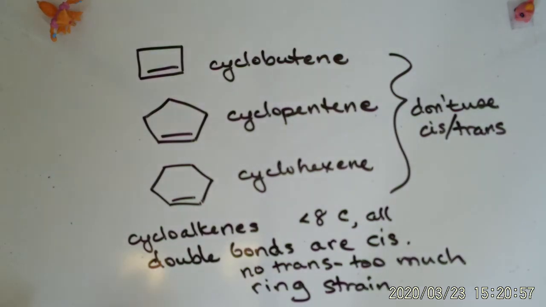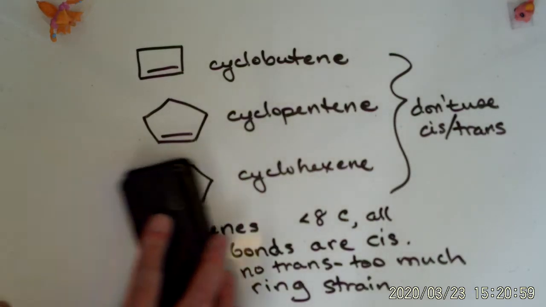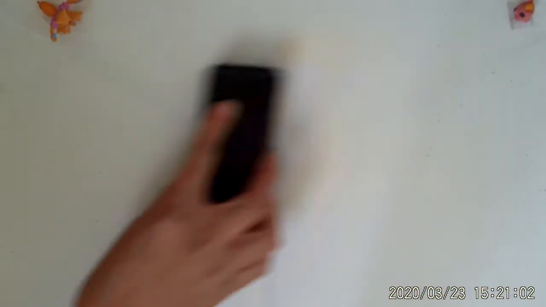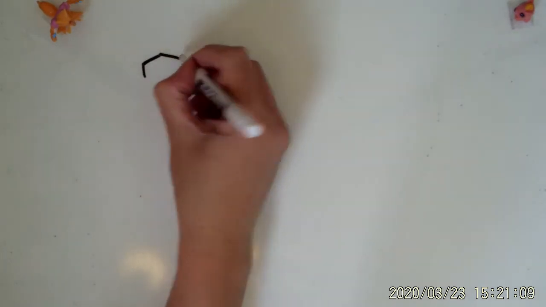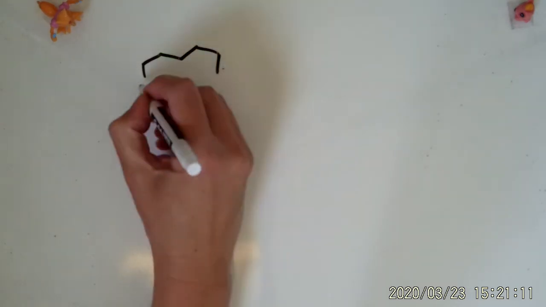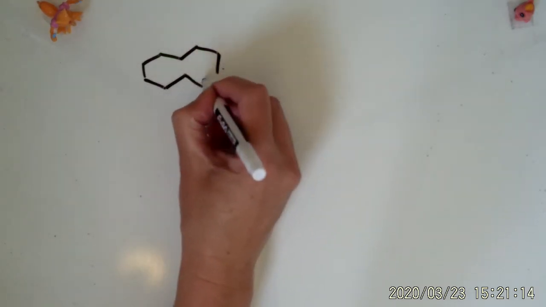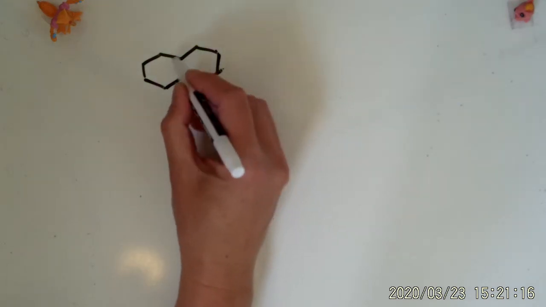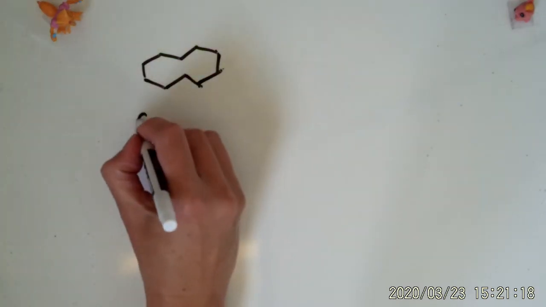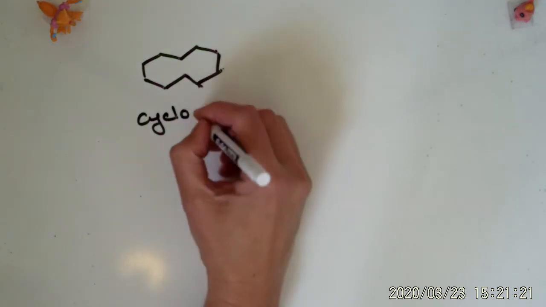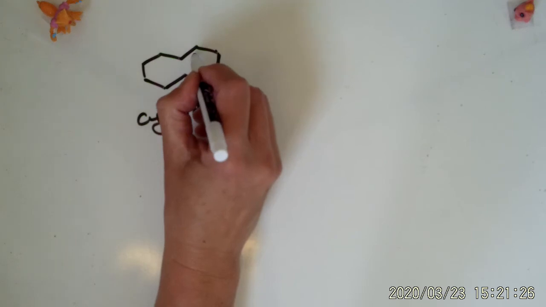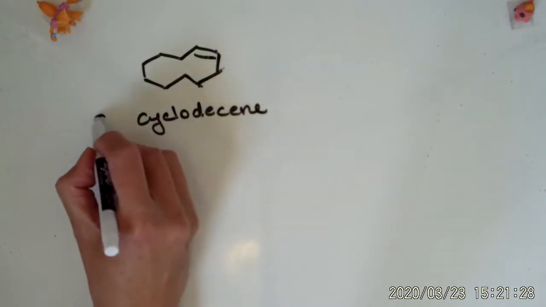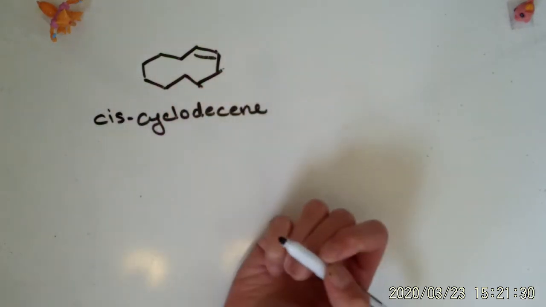Alright, now let's give you a couple examples of your rings. Okay? So if I gave you one, two, three, 4, 5, 6, 7, 8, 9, 10, this is a cyclodecene. This one is a cis. Okay?